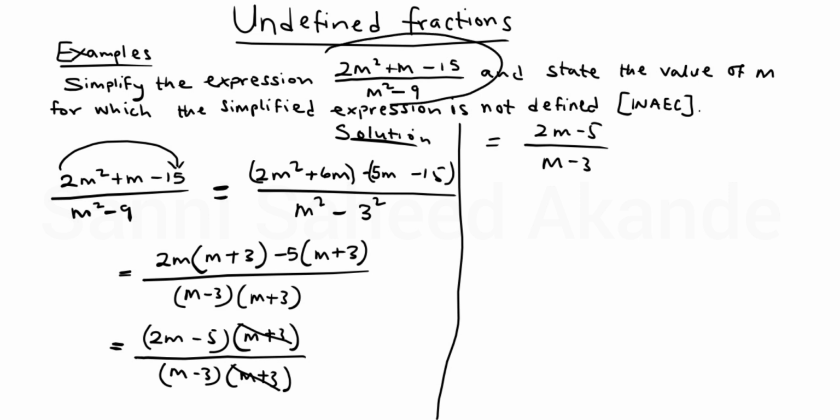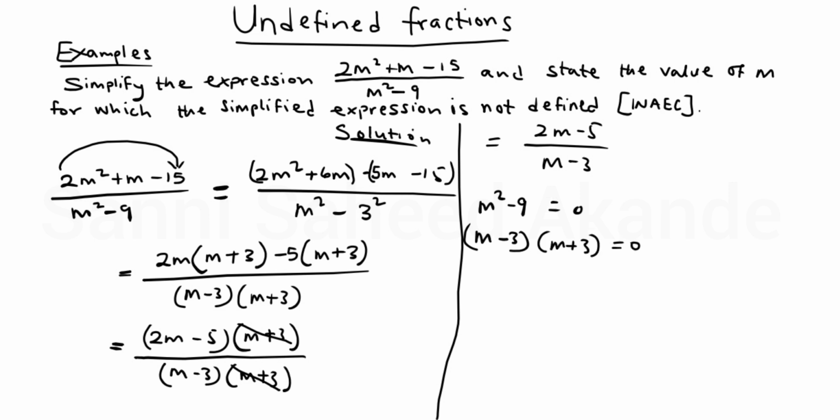So in that case, I will now say that this given expression, 2m squared plus m minus 15 divided by m squared minus 9, is said to be undefined when the denominator, which is m squared minus 9, is equal to 0. Understood? So we are going to solve this further. Like I said earlier on, this is a difference of two squares, which can be written as m minus 3 then m plus 3 equal to 0.